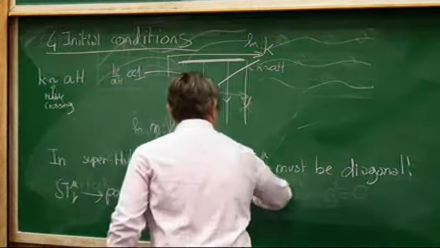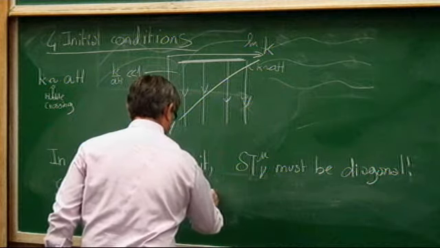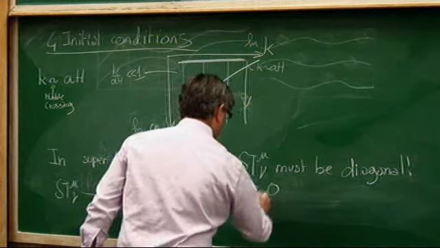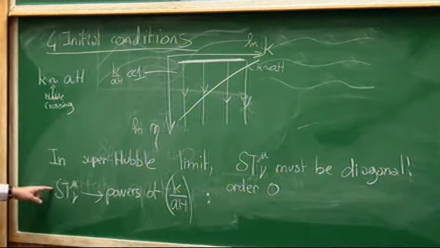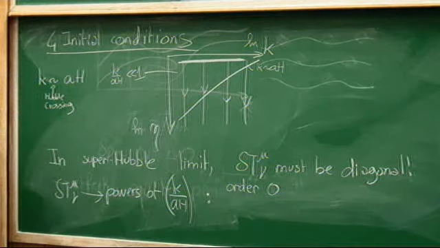Let's consider the first term in this expansion, the term at order 0. The term at order 0 corresponds to delta T mu nu in the limit of a vanishing k. So it's a 0 mode. A 0 mode is evolving like the background. In fact, it is the background.